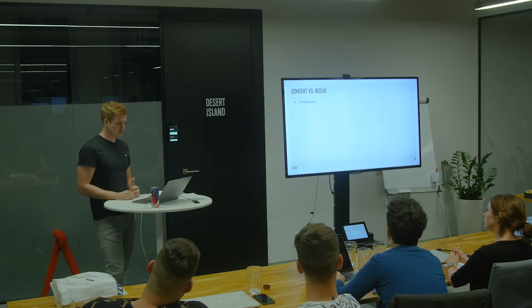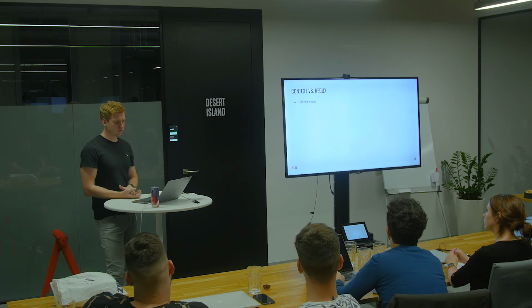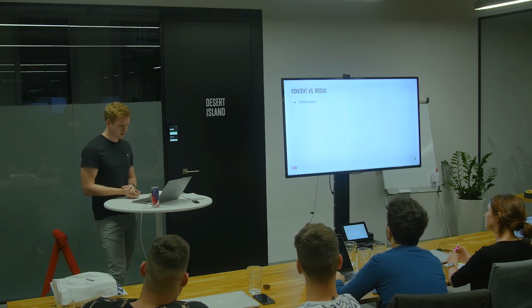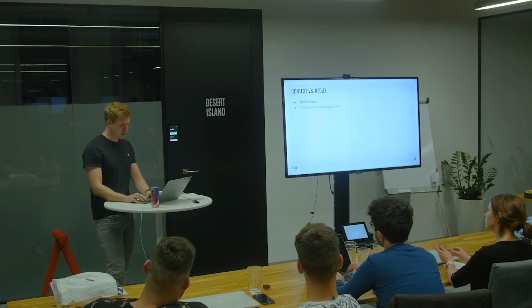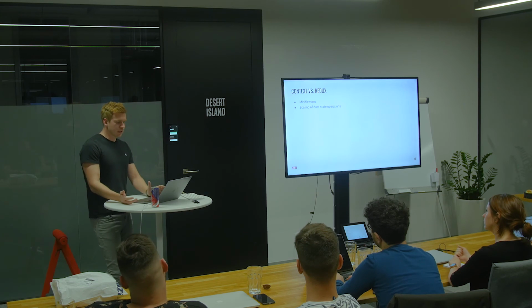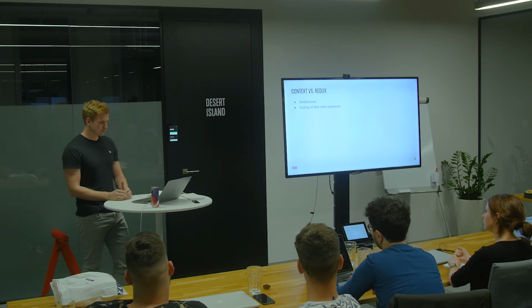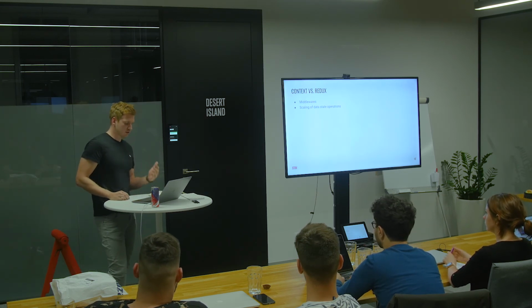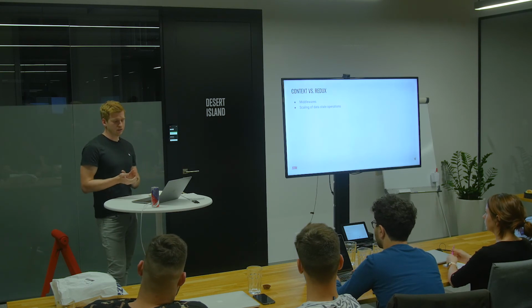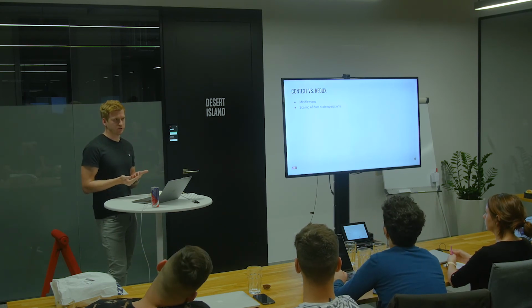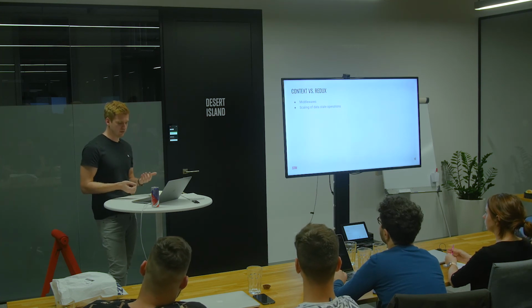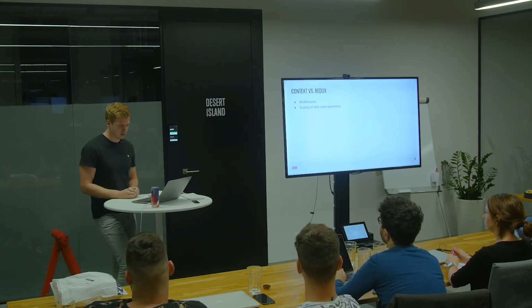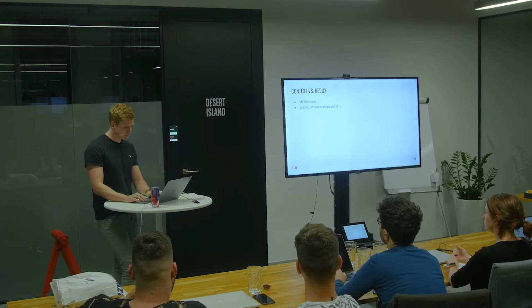Important thing is that in context we cannot use middlewares. So this is a big disadvantage. Scaling of data structures and operations, I mentioned that at the beginning. Context is suitable for simpler apps, simple data structures, and simple operations.